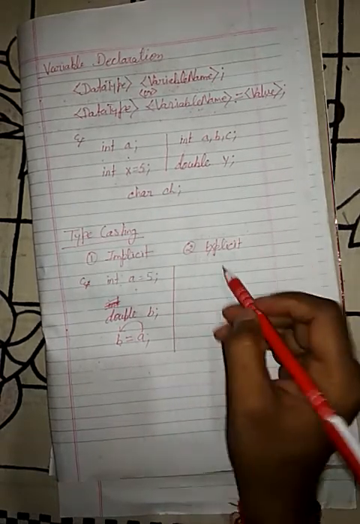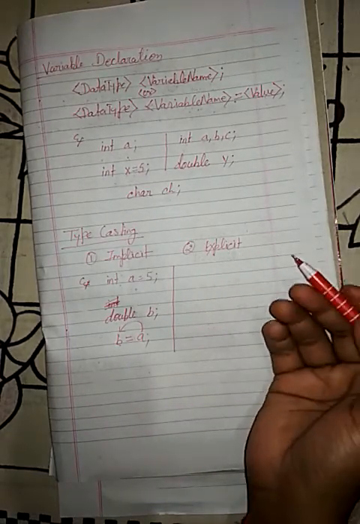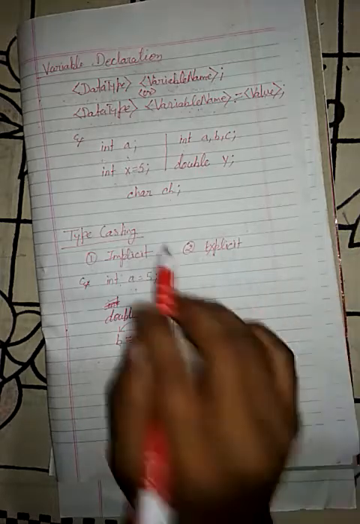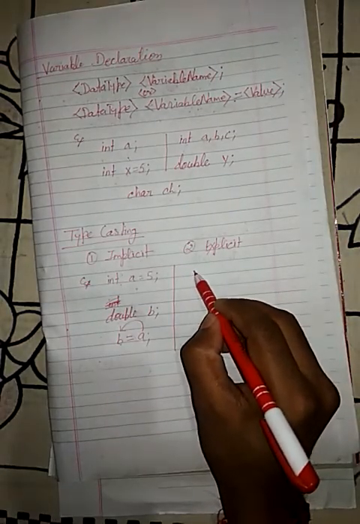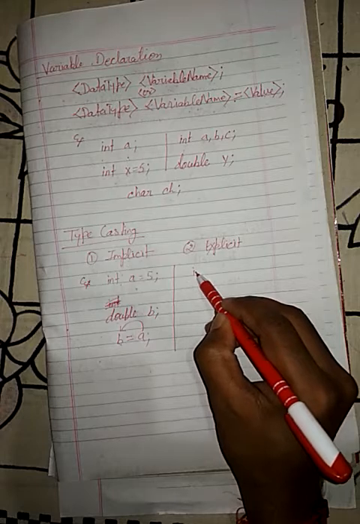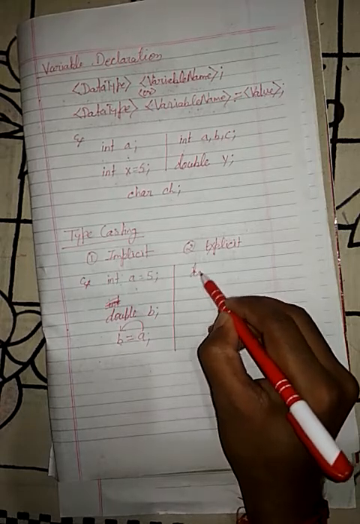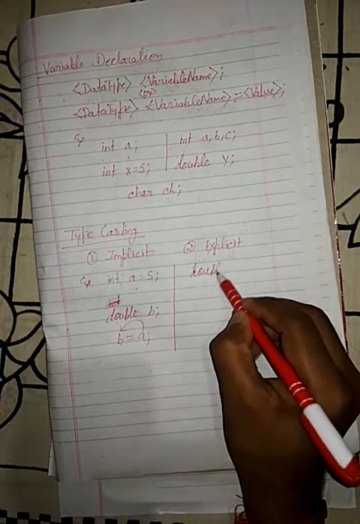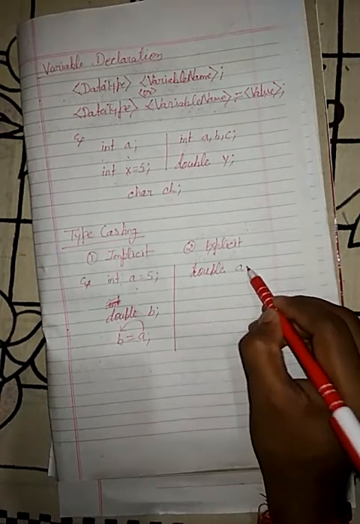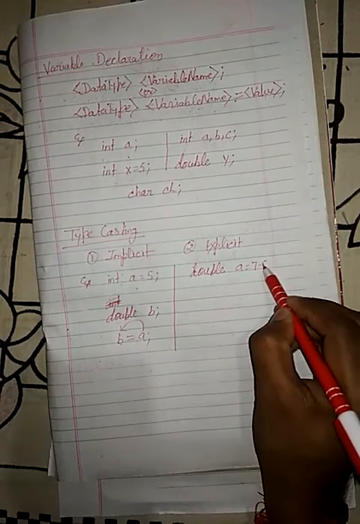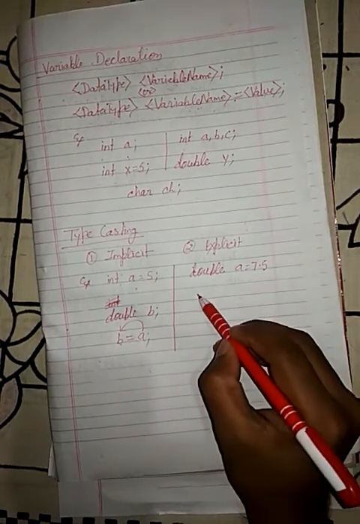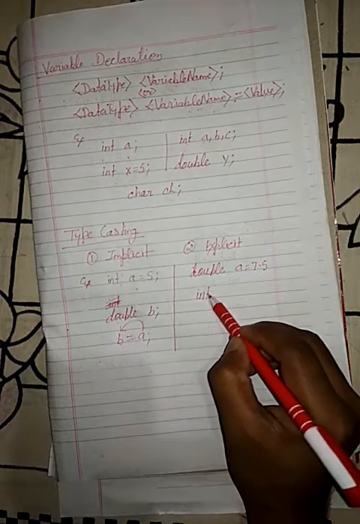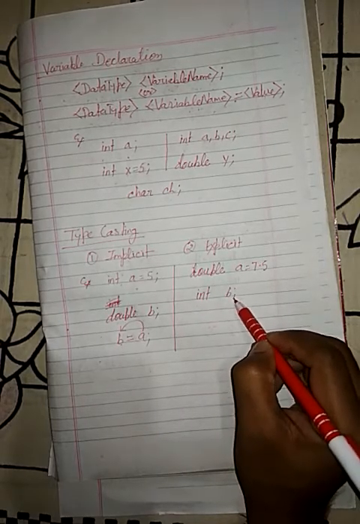And for explicit, here we will use force to convert one type into another type. How? Suppose I take double a is equal to 7.5. It means it contains a decimal value, and I take another variable, integer b.